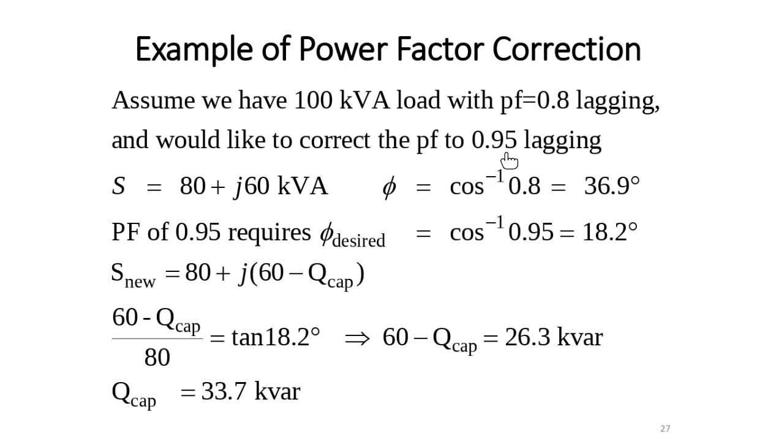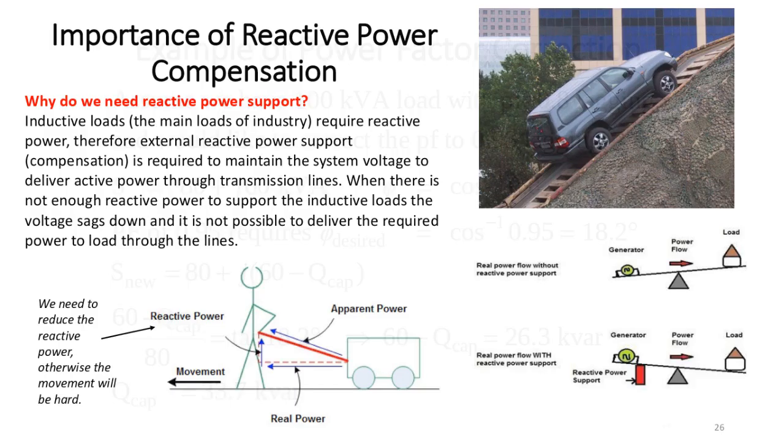Now understand why we need to always correct the power factor. Because of this part here, it becomes heavy to deliver. What do we mean by we want to improve the reactive power?